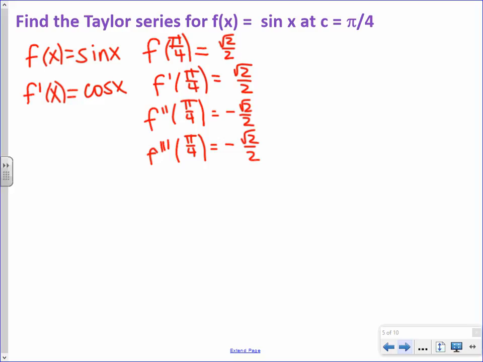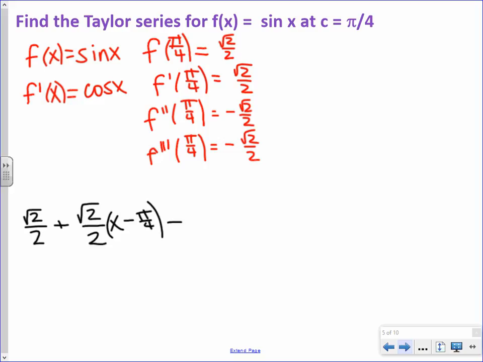All right. So our Taylor series would be radical 2 over 2 plus radical 2 over 2 times x minus pi over 4.